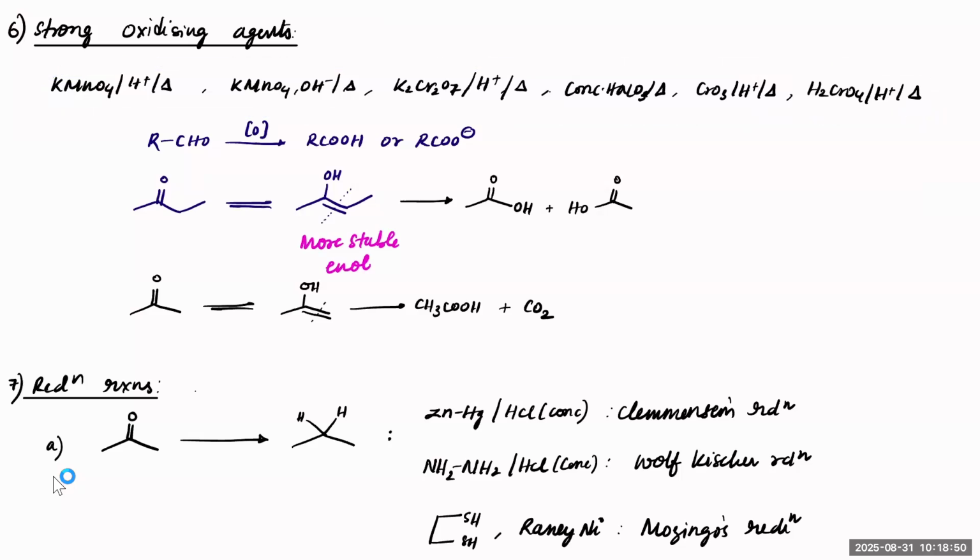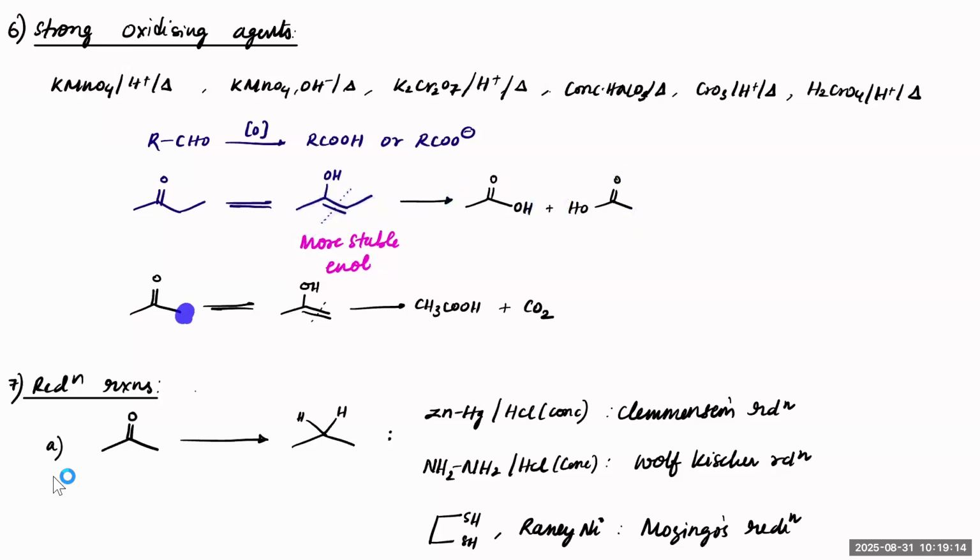With a strong oxidizing agent, you will see the aldehyde will convert into an acid group and the ketone will break down, because on strong heating ketones will have more enol existence, and the bond breaking will take place and it will convert into the respective acids.